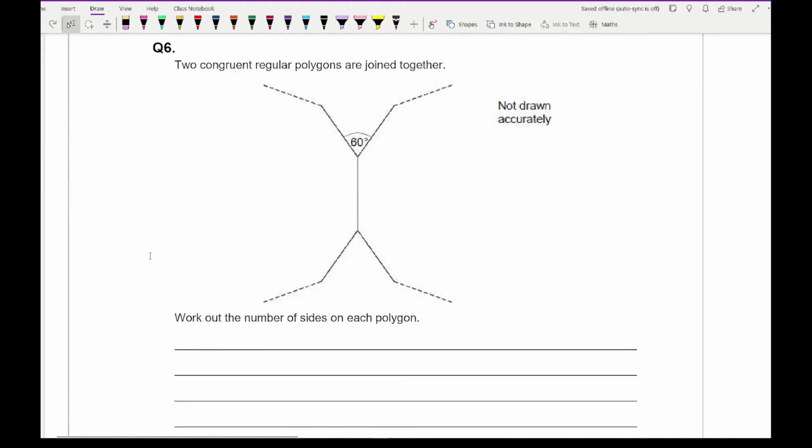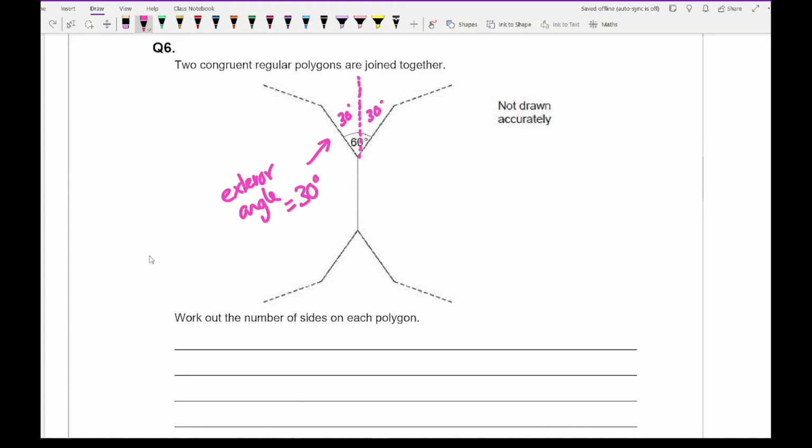Then moving on to question 6, it says two congruent regular polygons are joined together. Work out the number of sides of each of the polygons. Now for this, if I draw a line splitting this up, I get this as being 30 degrees and this being 30 degrees. So that means that the exterior angle of the polygon equals 30 degrees.